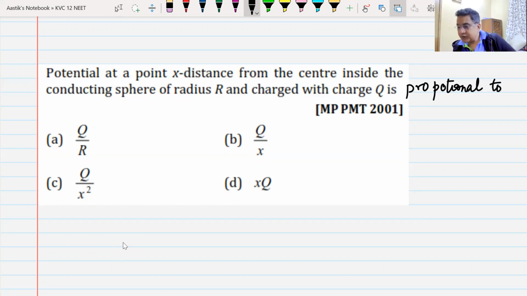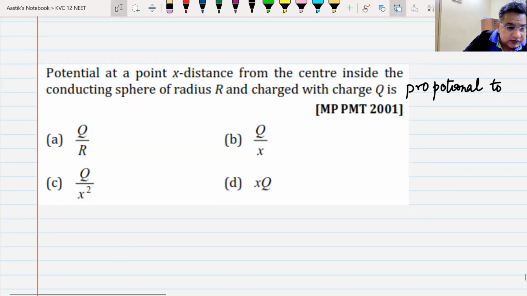So potential at a point x distance from the center inside a conducting sphere of radius r, charged with a charge q, will be proportional to which one? Out of these 4 options, which is the correct option?